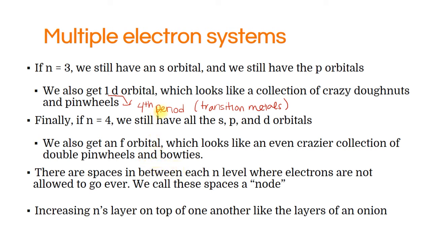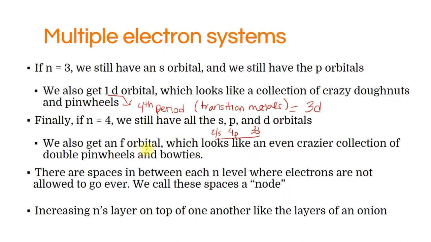So the fourth period transition metals are what we call the first d orbital, which has an energy level of 3. So we abbreviate it as 3d. If we're in period 4, it has a 4s, a 4p, and a 3d orbital as its highest energy levels, its outermost electrons.